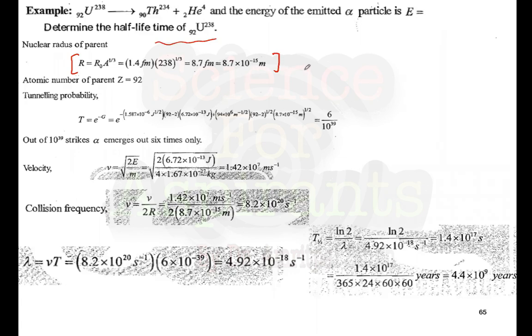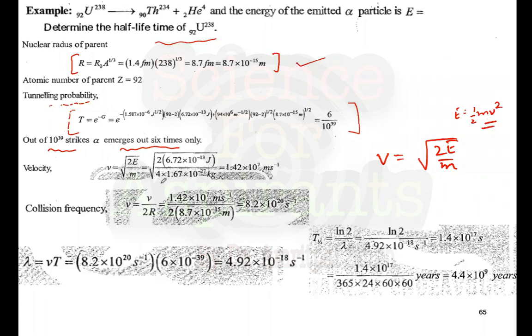Once you find R, you can find out the tunneling probability using this typical equation, and you find that out of 10^39 strikes, the alpha particle comes out only once. From that you can find out the velocity, v = sqrt(2E/m), that is our kinetic energy relation, E = 1/2 mv².